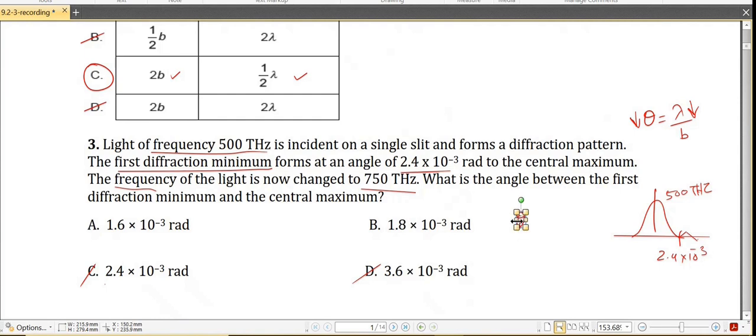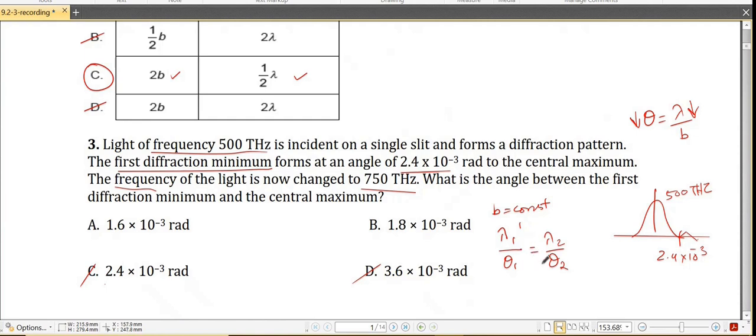So I can write b as a constant, which means lambda 1 upon theta 1 is equal to lambda 2 upon theta 2, right? However, we know that lambda and frequency are inversely proportional.